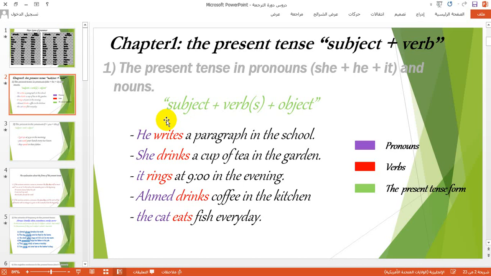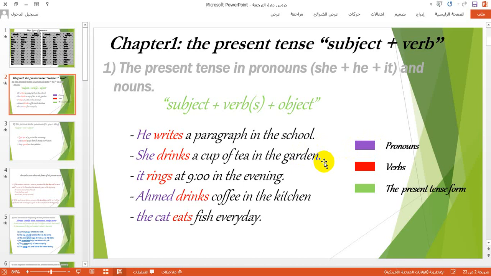Okay. Writes is the verb with s, and then the object, a paragraph in the school. As you see here, the pronoun is in purple color, the verb is in red color, and the object is in green color.